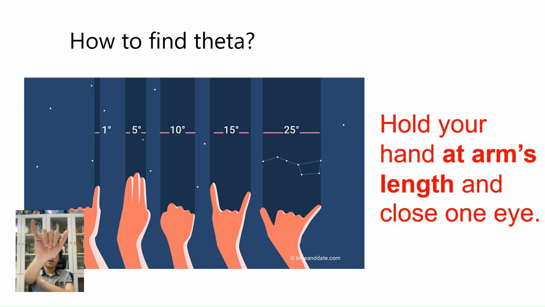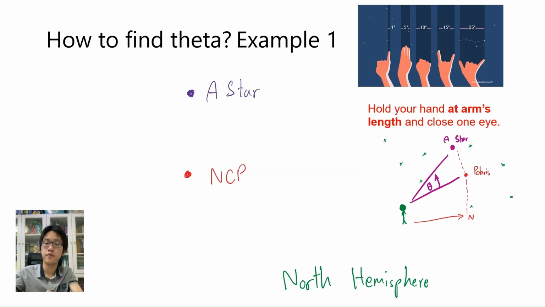If the star is like this, from our thumb to our pinky, it's going to be 25 degrees from each other. If we assume Polaris is right here, and the purple star is right here, and we close one eye and hold our hand at arm's length, this one is going to be 25 degrees declination. Other hand signals we can find right here.